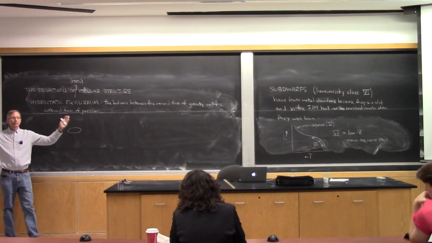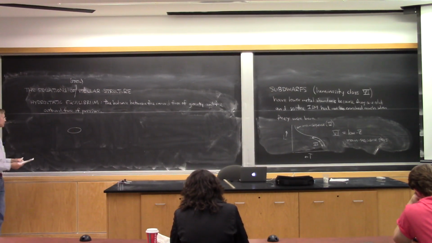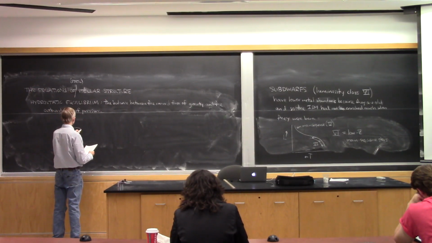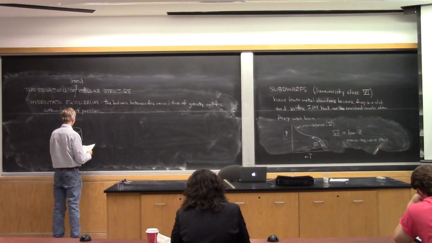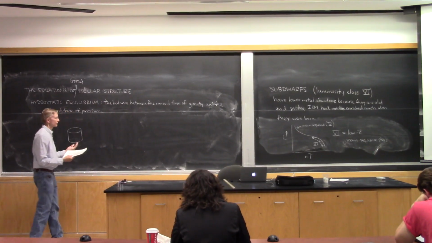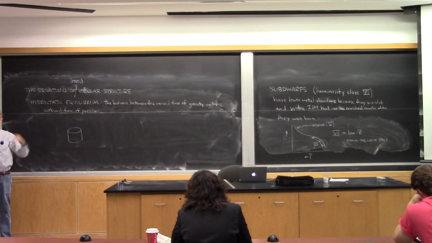There's material everywhere. We're just drawing an imaginary cylinder that encloses some volume within the star. And we'll stick to kind of one dimension here. And this is a good approximation for many stars, we'll just worry about how things depend on radius, distance from the center.